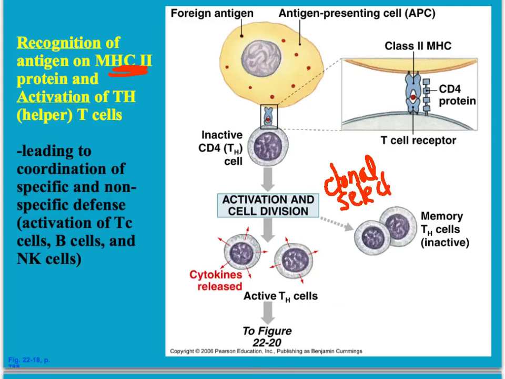And that clonal selection process is basically when you make a whole bunch of cells that are exactly the same, the same thing that we did for the cytotoxic T cells. And those cells are then going to release the cytokines, and by releasing those cytokines, that's how the helper T cells are going to coordinate all of the different types of defenses.